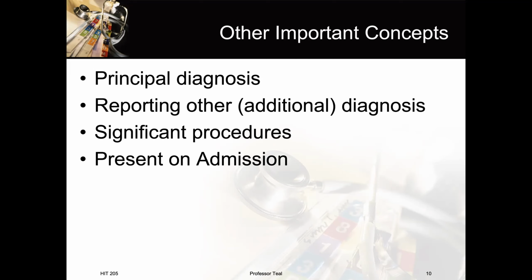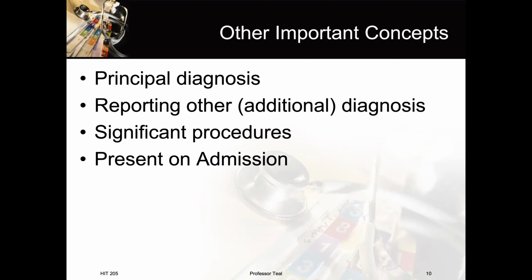So the definition for other diagnoses is interpreted as additional conditions that affect patient care in terms of requiring clinical evaluation, or therapeutic treatment, or diagnostic procedures, or extended length of hospital stay, or increased nursing care and/or monitoring. So if it meets any of that criteria, you will assign a code as an additional diagnosis.